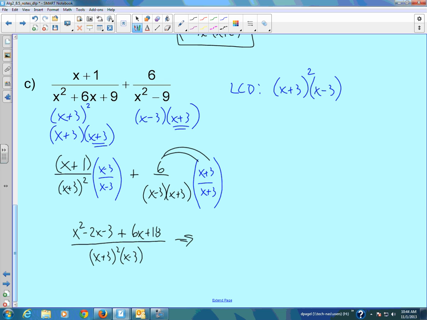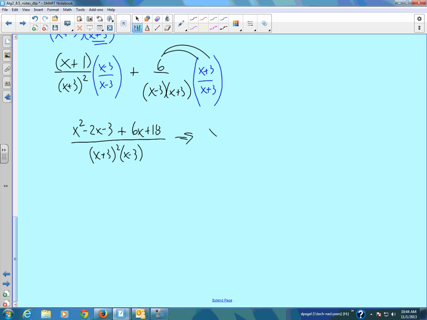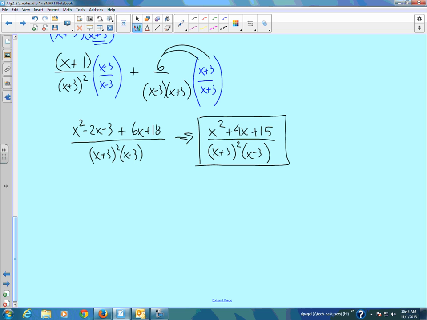And that'll simplify to x squared plus 4x plus 15 over x plus 3 squared times x minus 3. And again, x squared plus 4x plus 15, can't factor that, so I'm not going to be able to reduce anything, and I'm done right there.